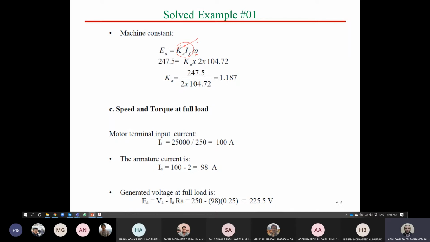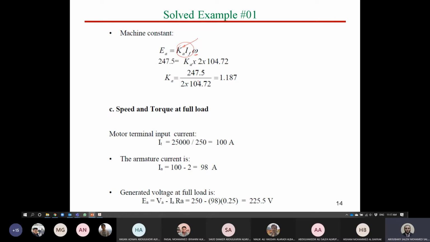Because, Shabab, during the operation, if we change the value of field current due to anything, due to field rheostat control or due to voltage control, it's better to have the motor constant as Ka, not Ka multiplied by IF. Okay, so here in this example, the author considered to calculate Ka, not Ka multiplied by IF.